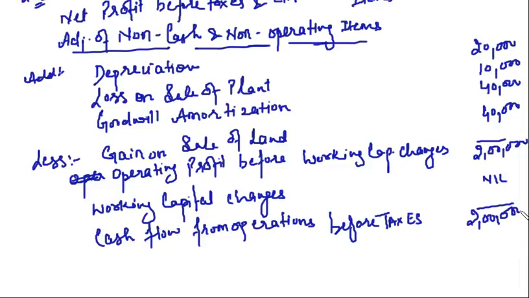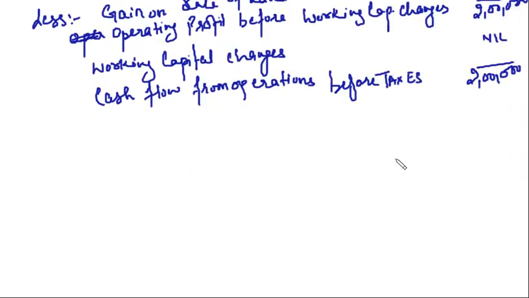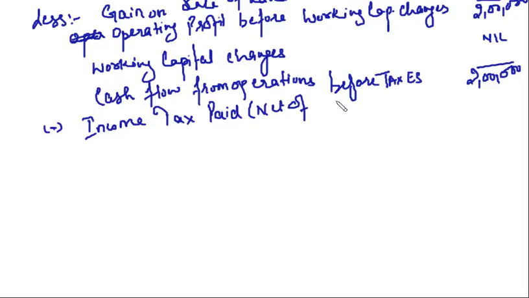Now, what is the next step? Next step is to pay income tax. What is the amount of income tax paid? Income tax paid net of refund. Right? What is the amount of income tax paid? 50,000. What is the refund? 40,000.